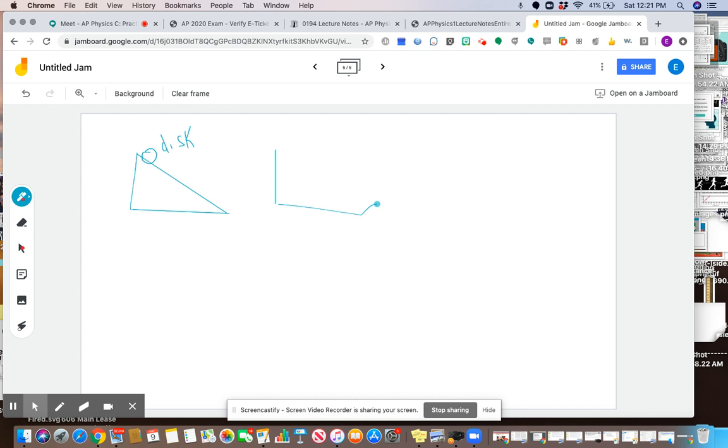If it asks you to compare, it could ask you to compare the translational velocity. It could ask you about rotational kinetic energy. Could ask you about moment of inertia.